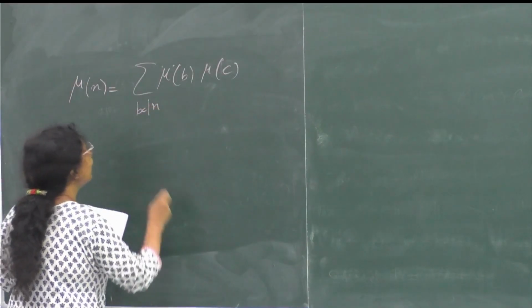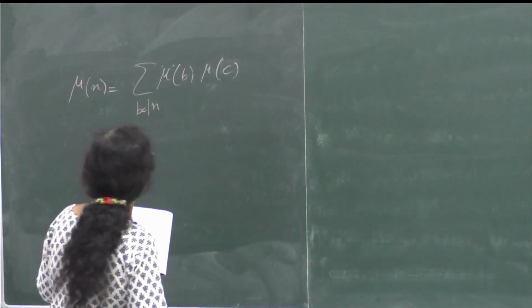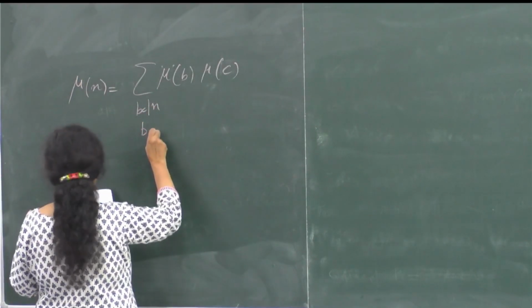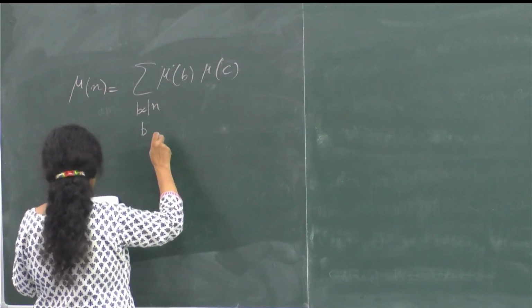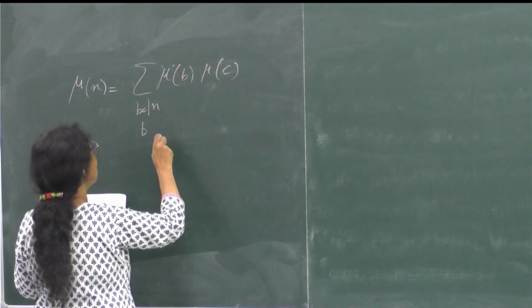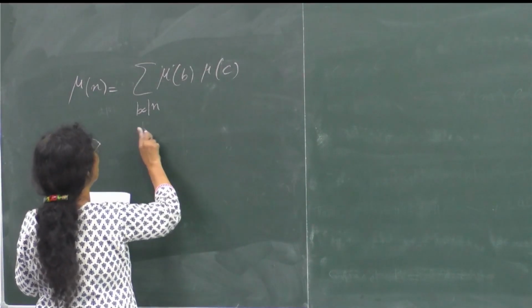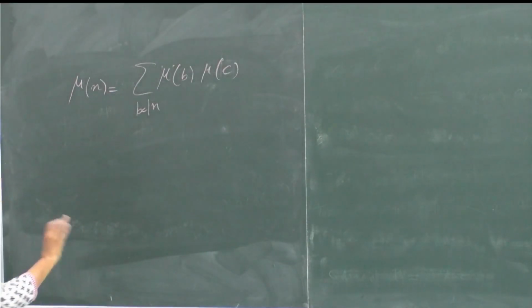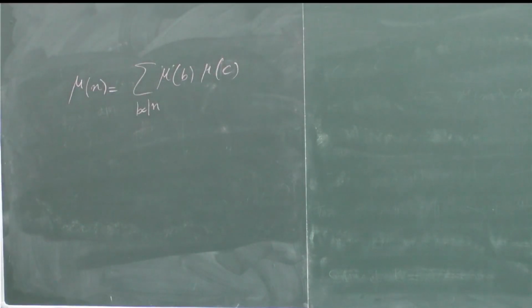Here b is less than or equal to u. Every time you take a product bc that divides n, you can write it as mu b, mu c, and take the sum over the whole thing.